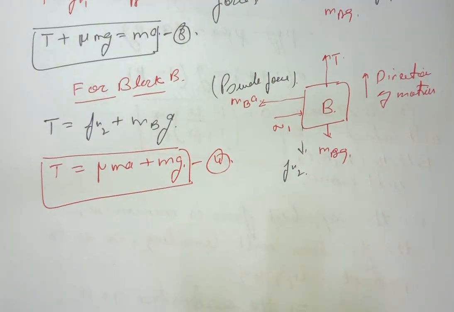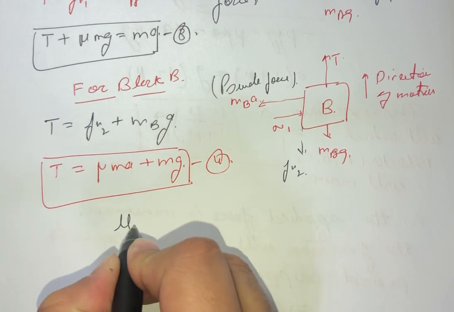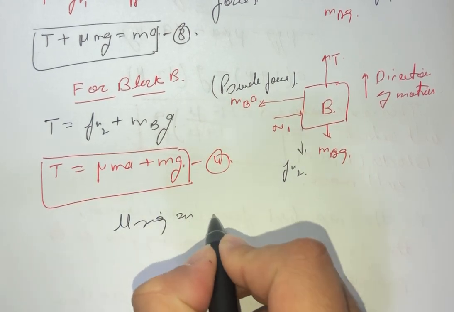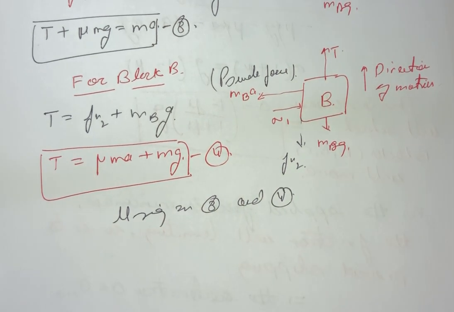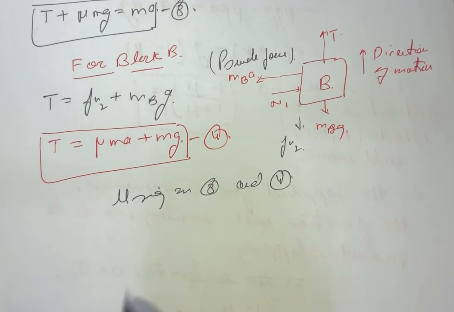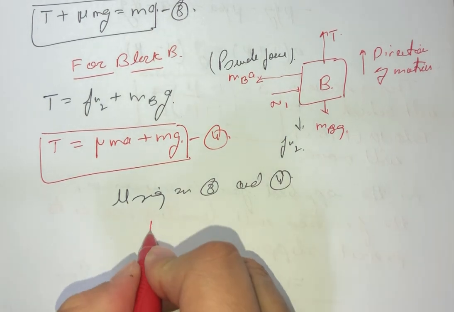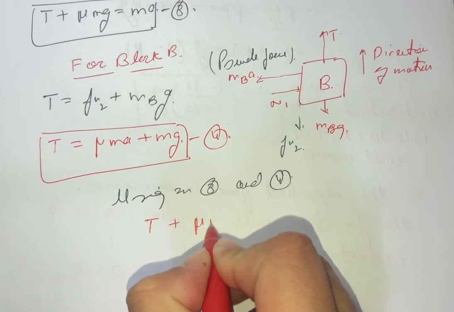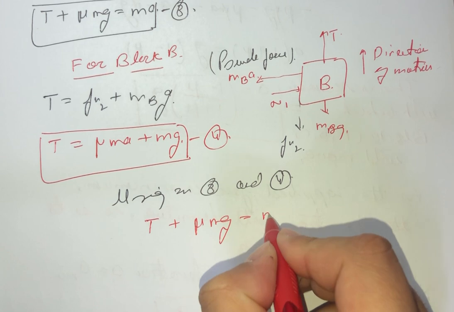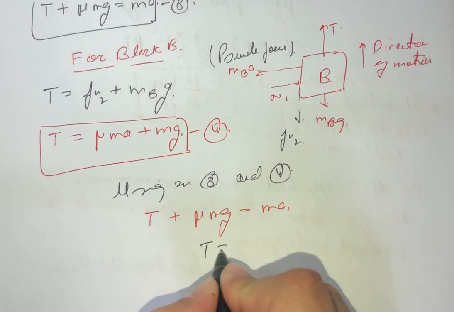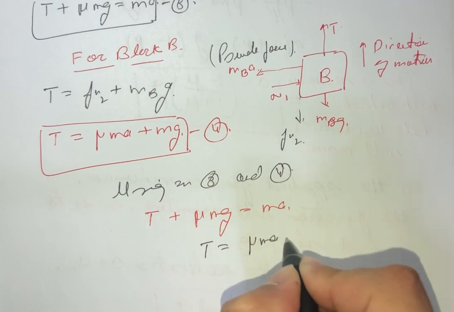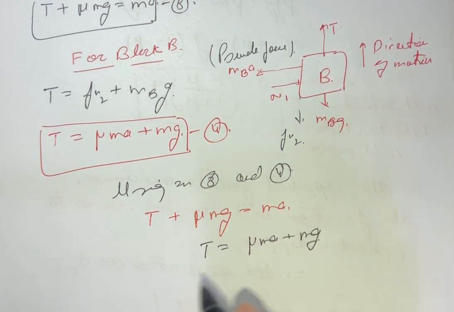So using equation 3 and 4, we get T plus mu mg is equal to MA, and we have T is equal to mu MA plus mg.